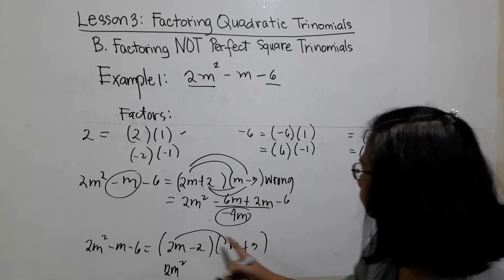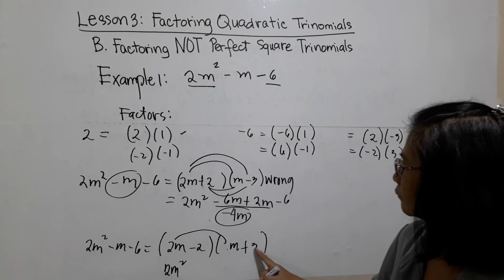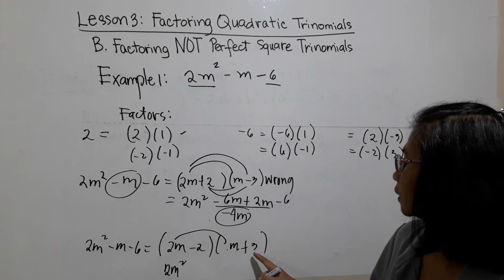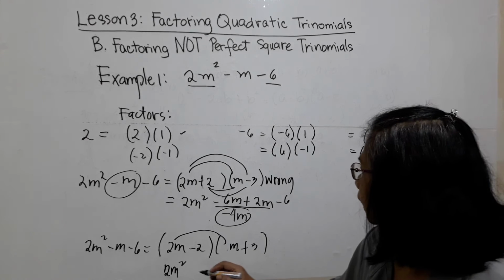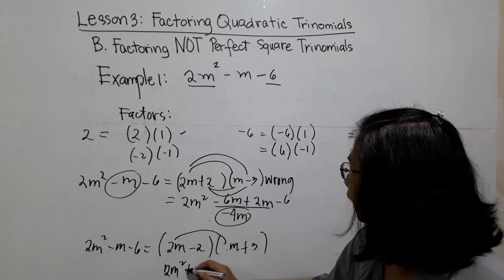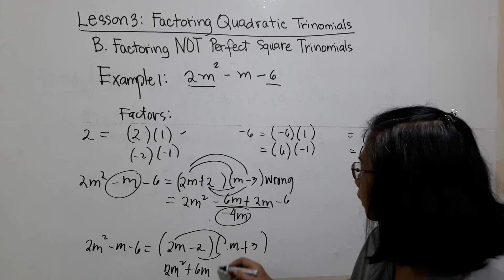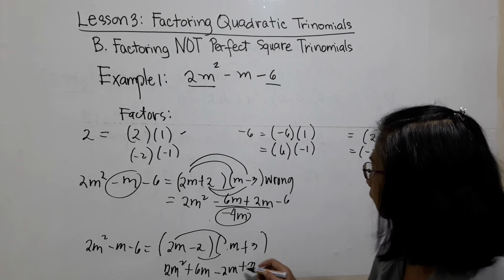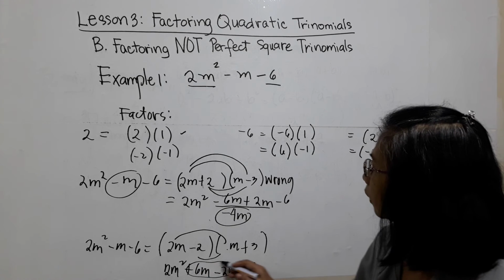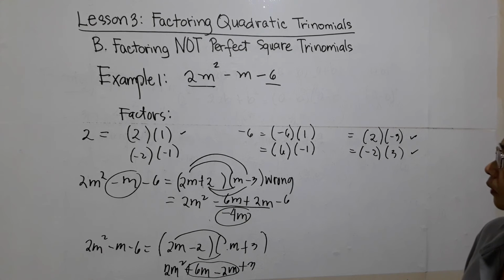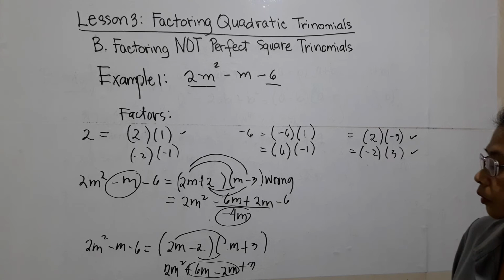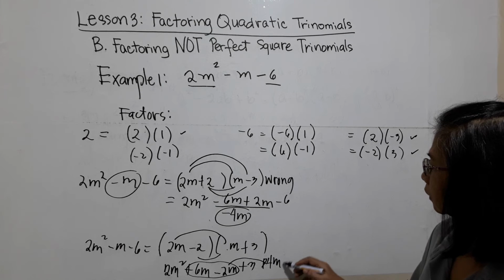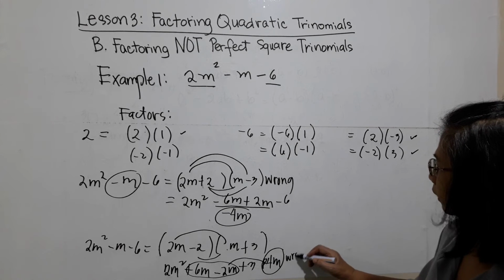You have 2m times 3, the outer terms, plus 6m, and the inner terms is negative 2m, and then negative 6. Okay, what do you think? If we are going to add that, the result is positive. Positive what? Positive 4m. So that means not yet correct, wrong.